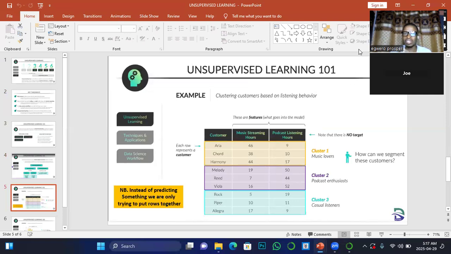You can see this is the full demonstration of the unsupervised learning. Remember from the beginning, we said that the unsupervised learning focuses on segmenting data, grouping data, clustering your data. And this clustering will be achieved by measuring the distance between one and the other, or the behavior of your data variables.